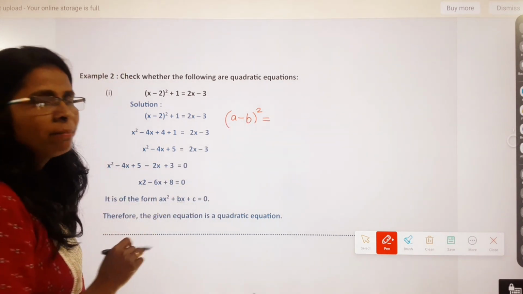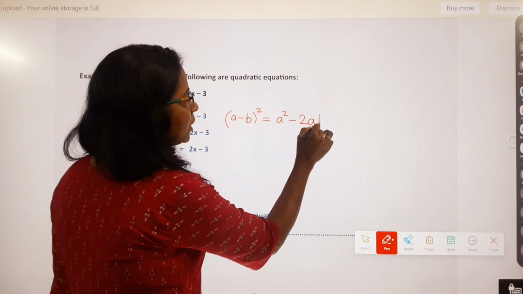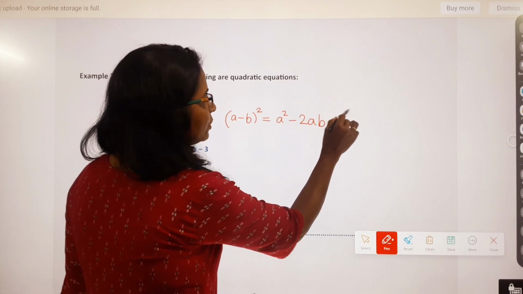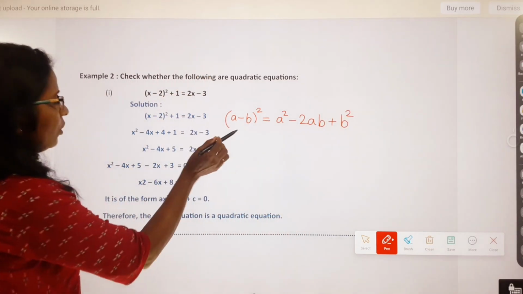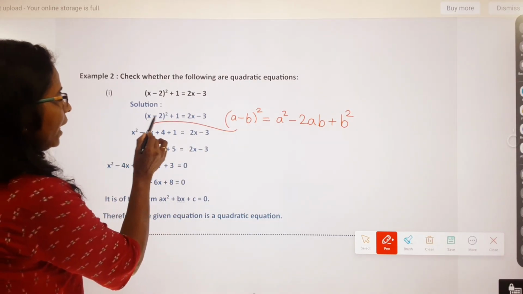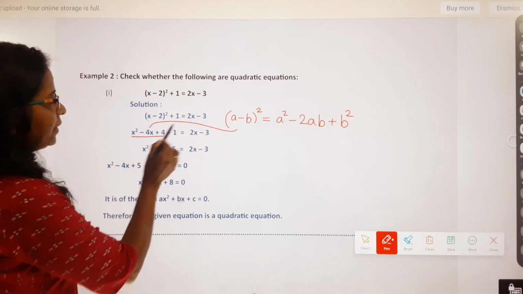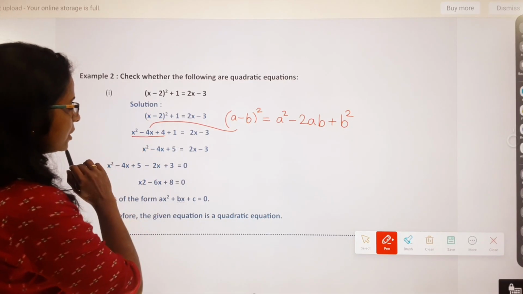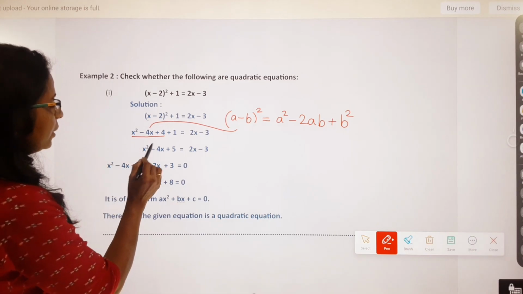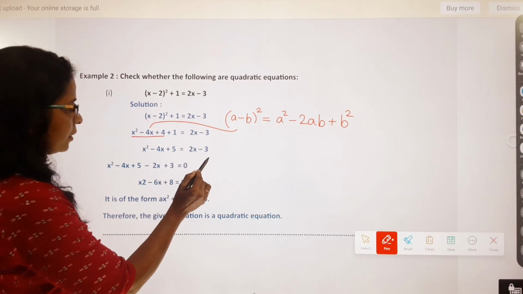That is a square minus 2ab plus b square. So the expansion of x minus 2 whole square gives x square minus 4x plus 4, and then plus 1 is equal to 2x minus 3. Then x square minus 4x plus 5 is equal to 2x minus 3.